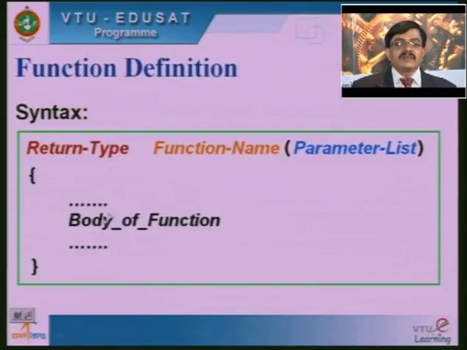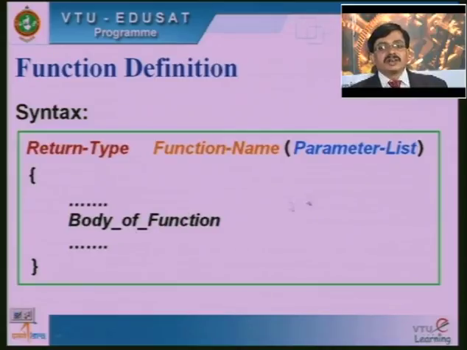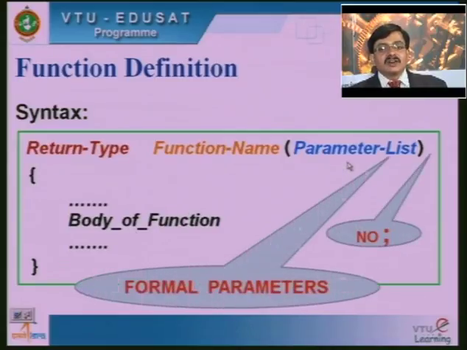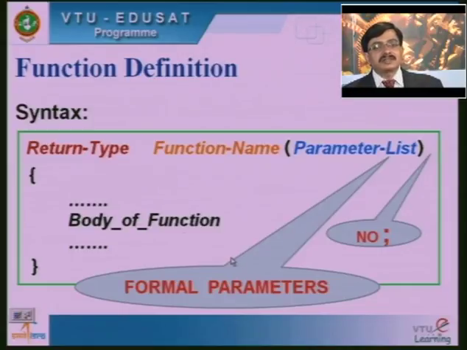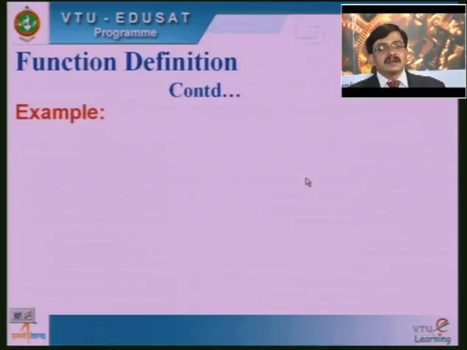So here we specify the body of the function, and this parameter list we call the formal parameters. When you start coding, making use of this user defined function, you will get to know how exactly the parameter list needs to be mentioned in case of declaration and even in case of function definition. Let's see one example of this.